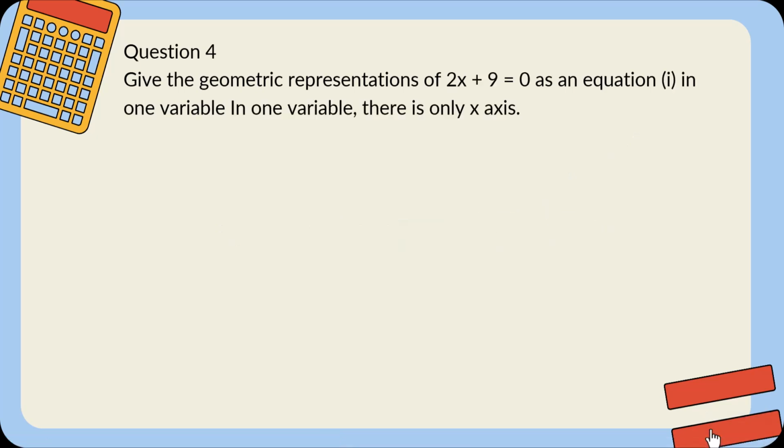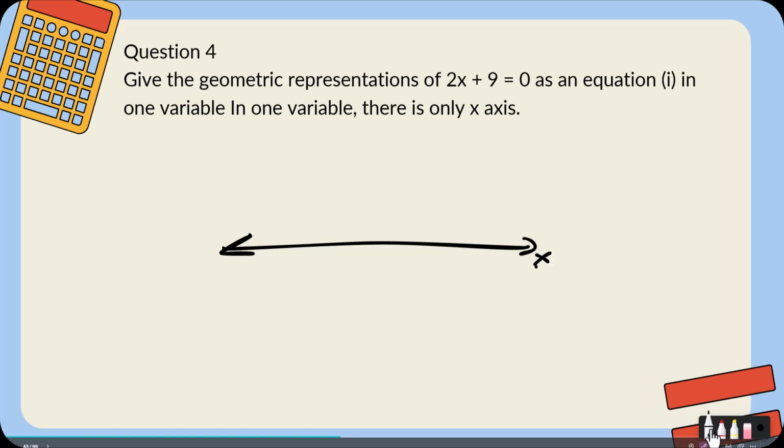Next, give the geometric representation of 2x plus 9 is equal to 0 as an equation in one variable. In one variable, there is only x-axis. So that is what we are trying to understand. We have only x-axis, right? This is the x-axis. What is 2x plus 9? 2x plus 9 is equal to 0. X is equal to minus 9 by 2, right? So what is minus 9 by 2?